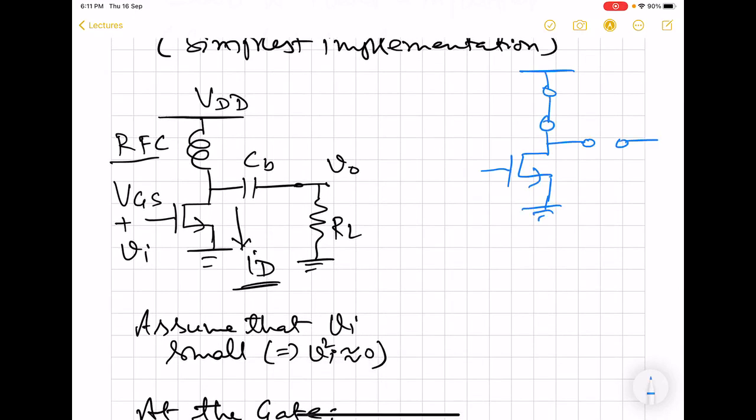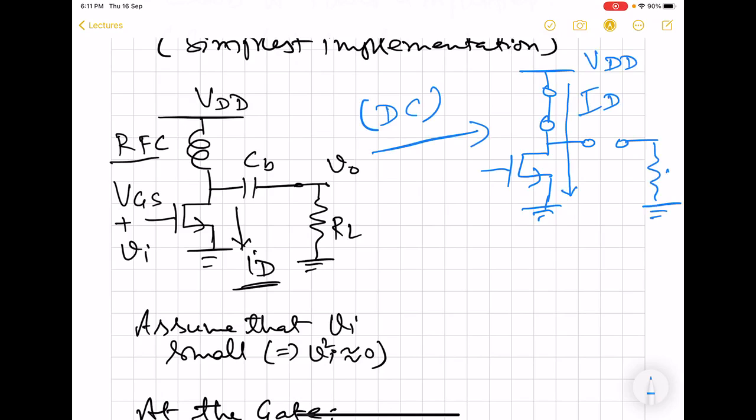So we see that for DC, this circuit will reduce to this equivalent circuit. So the DC part of the drain current is going to flow like this. Of course, here we will have the load.